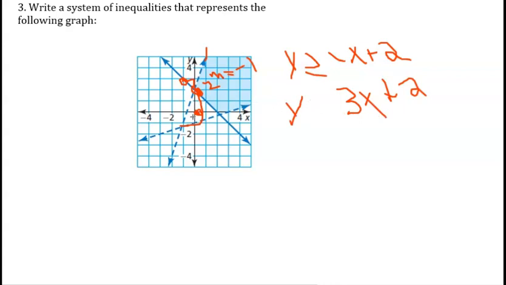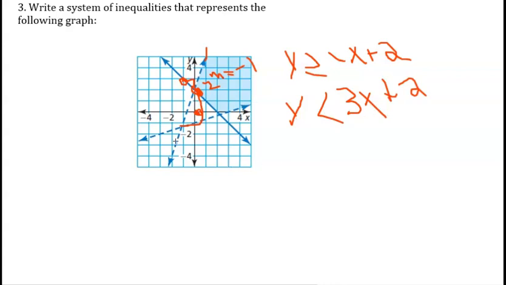Now in this case, (0, 0) needs to be true, because if you shaded this whole side, (0, 0) would be on that side. So 0 is blank to 2. 0 is less than 2. So we'll put less than right here. y is less than 3x plus 2.